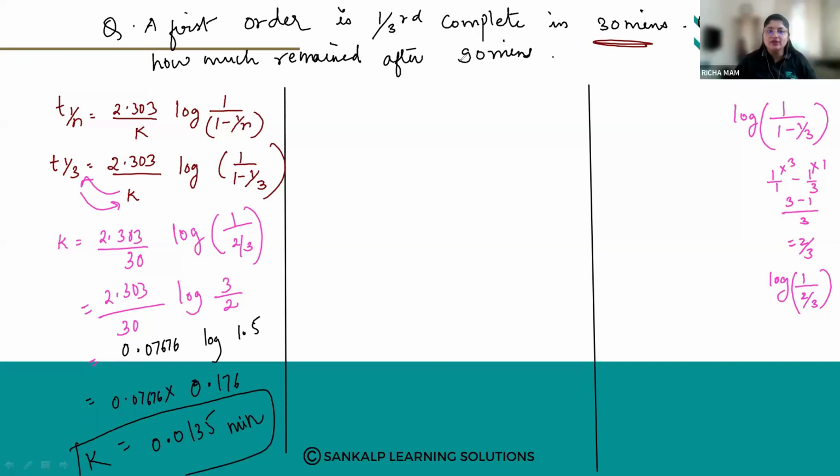Okay. So we have found out the rate constant. Now what is the next step? We have to find how much remained after 90 minutes.